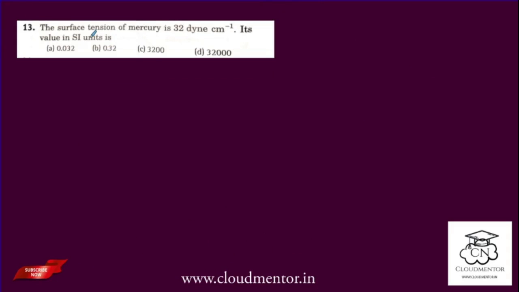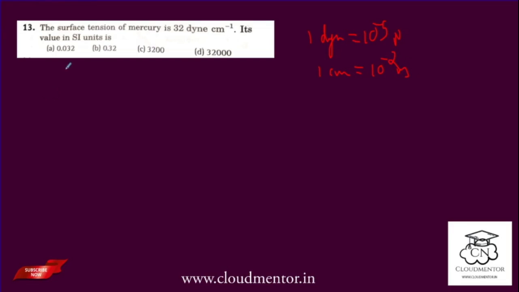The surface tension of mercury is 32 dyne per centimeter. Its value in SI units, you have to convert it to SI. One dyne is equal to 10 raised to minus 5 Newton, and 1 centimeter is equal to 10 raised to minus 2 meters.